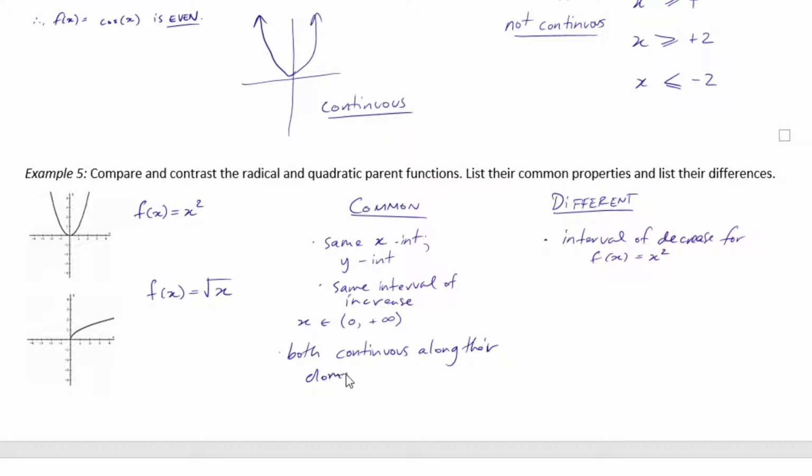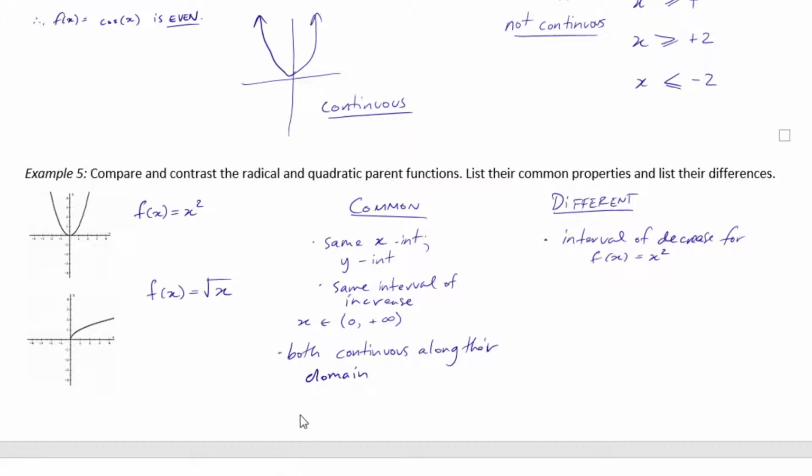Now you might say, well, doesn't this have restrictions right here? It can't be a negative number. That's true, but that is not the domain of the function. The domain of this function is from 0 to positive infinity, and along that domain there are no breaks in the graph. The domain for this function is all real numbers, and there are no restrictions, so therefore both are continuous.